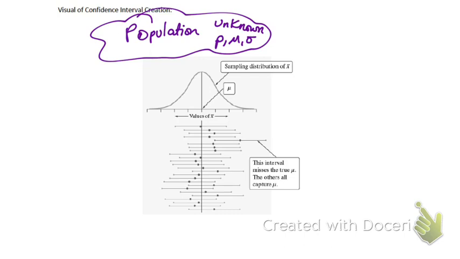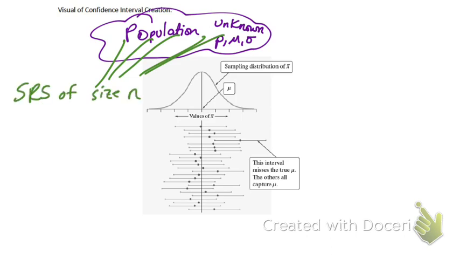So you don't have time to take a census, and so what do you do? You take an SRS of size N. You take a simple random sample out of that population of size N. And what do you do when you take that simple random sample out of that population?